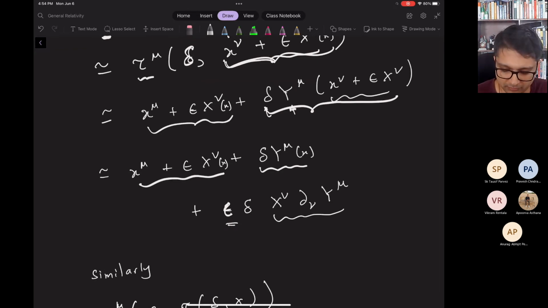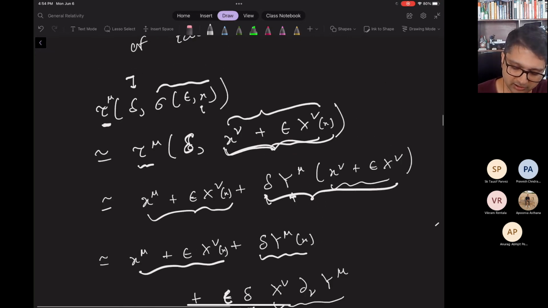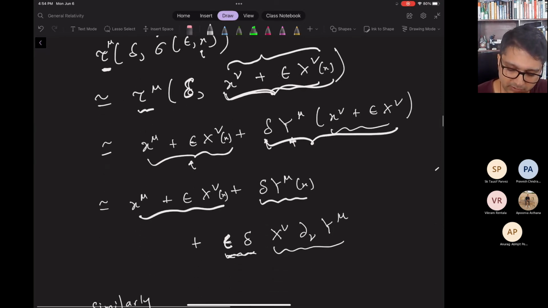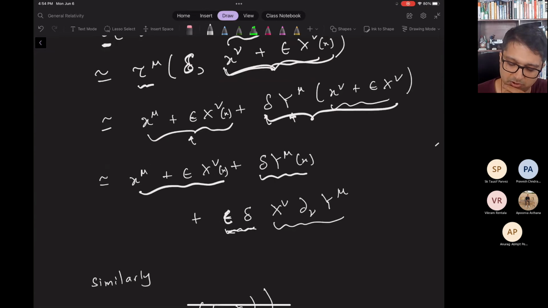Strictly speaking, now I've gone to order epsilon delta, which means that I should keep things to order epsilon squared here, and I should keep things to order delta squared as well. But all such terms will cancel out, so I'm not going to write them out explicitly. If you really want to do this carefully, you should keep terms to order epsilon squared and delta squared.